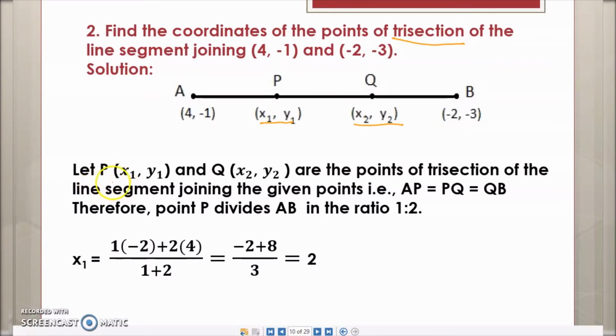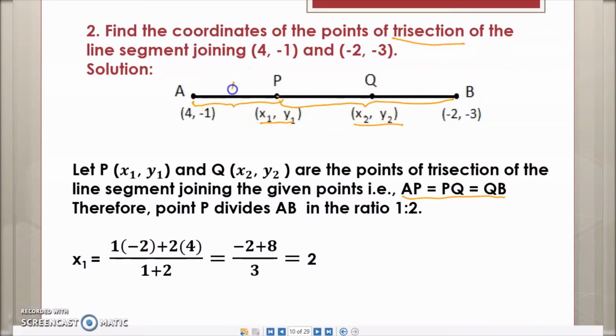So first you are assuming that, now you know that AP is equal to PQ is equal to QB because this is being trisected. So when you have to find the point P, this ratio M1 is to M2 will be taken as 1 is to 2. Because now just ignore the point Q over here, only consider 3 points A, P and B. So here the ratio you will assume as this is 1 part and this is 2 parts.